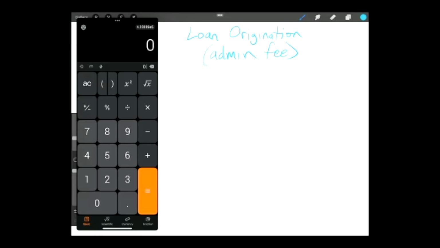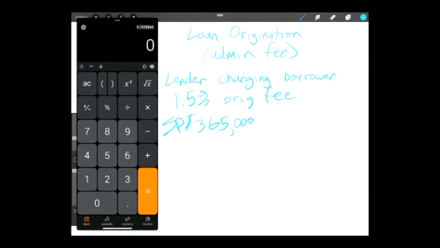So the way that test question might be is the lender is charging the borrower a 1.5% origination fee. Sale price is $365,000 at an LTV of 90%.